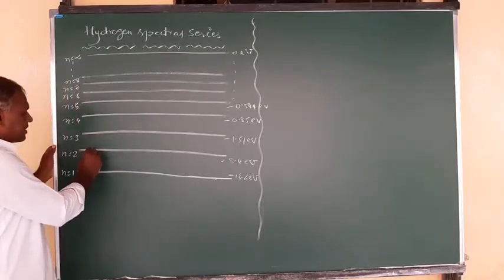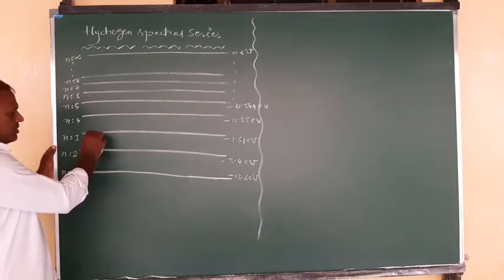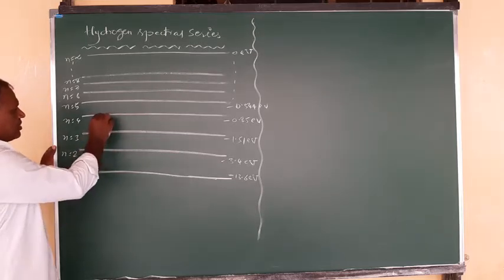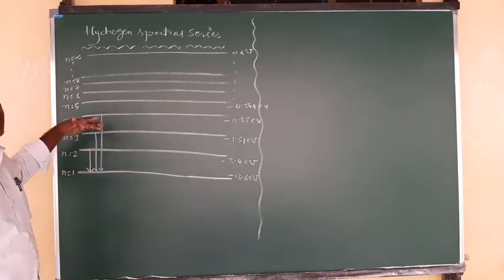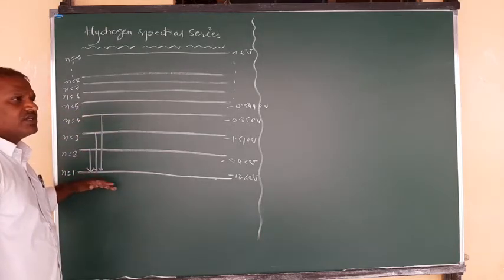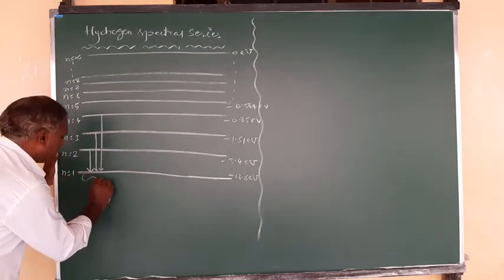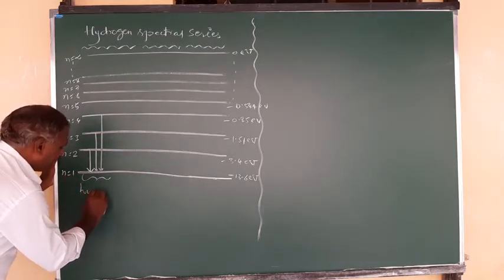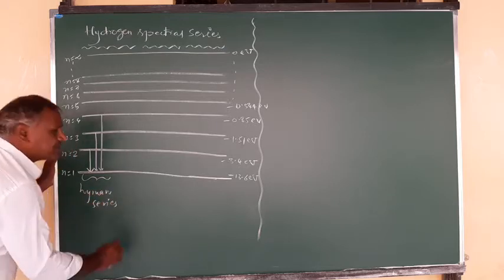Now when the electron makes a transition from second to first, or maybe third to first, or any transition where the electron gets into the ground state, that is n is equal to 1, then it is called the Lyman series.